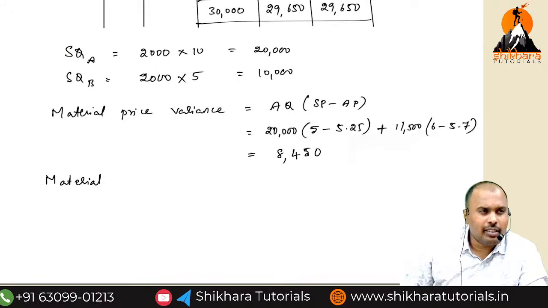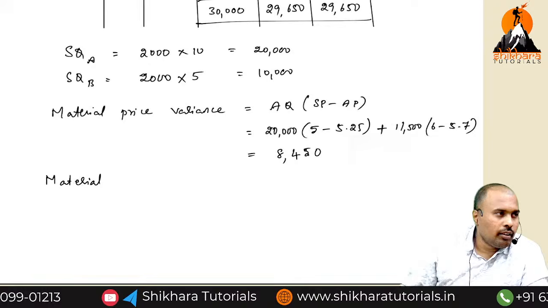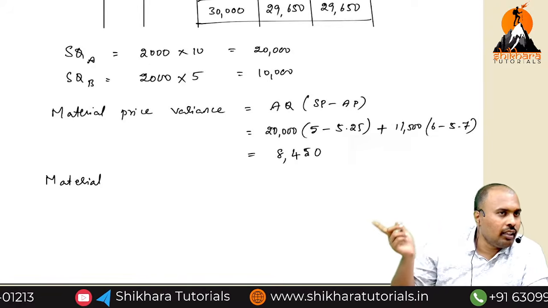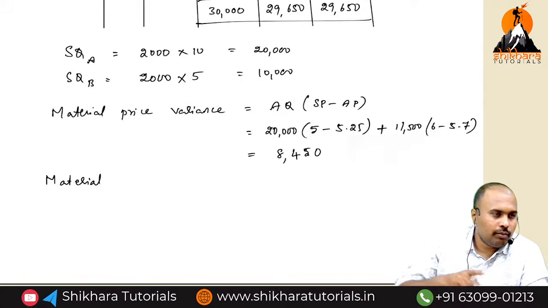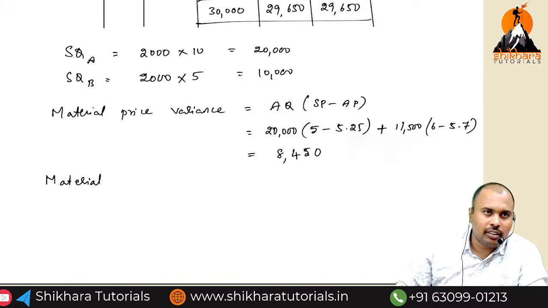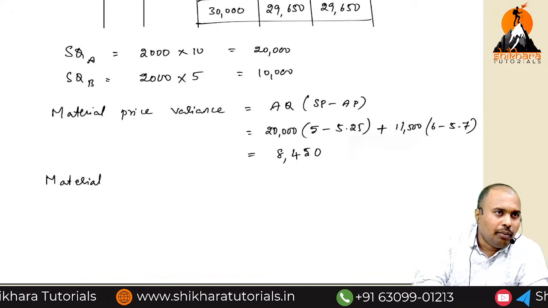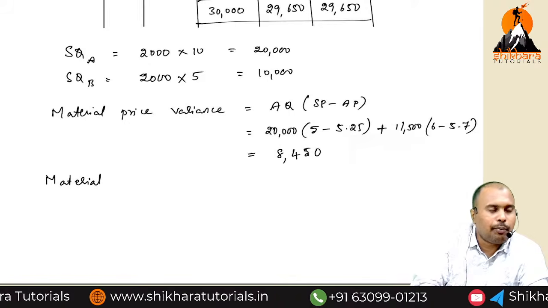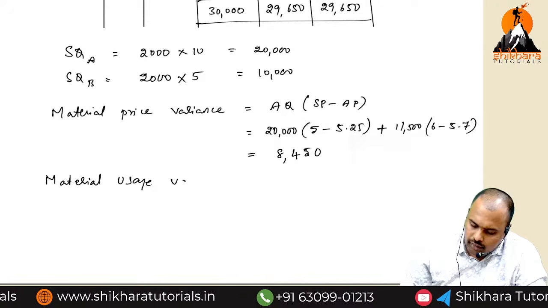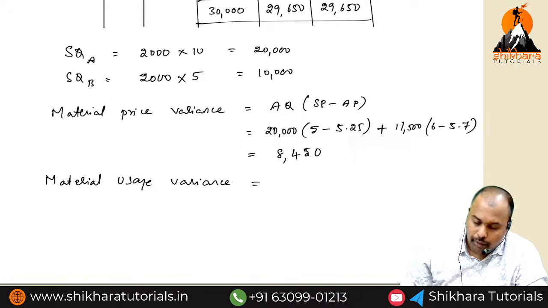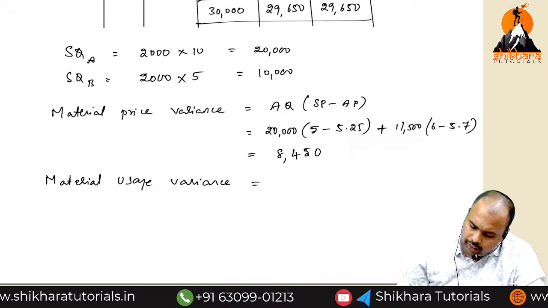Next, I'm not doing mix and yield, I'm doing usage only, but you do mix and yield later and segregate it. I'm using usage in reconciliation because I have to start marginal costing also. You understood, right? I have to adjust cost variance. But price variance I should show separately because I will tell you the reason later. What is material usage variance?